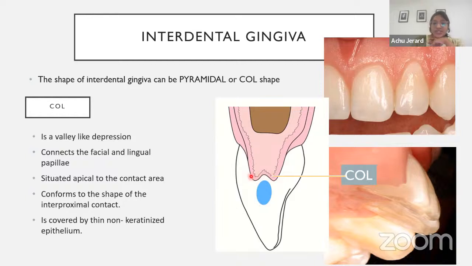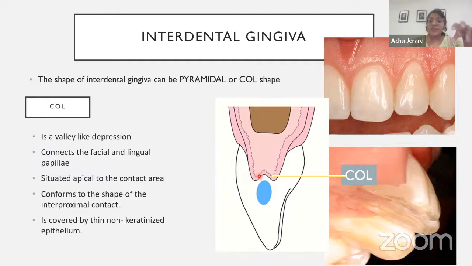This is a view from the side, and you have the facial papilla and the lingual papilla. At the point of confluence of the facial papilla and the lingual papilla, you have a valley-like depression, which is termed the col. The significance of the col is that it is non-keratinized.